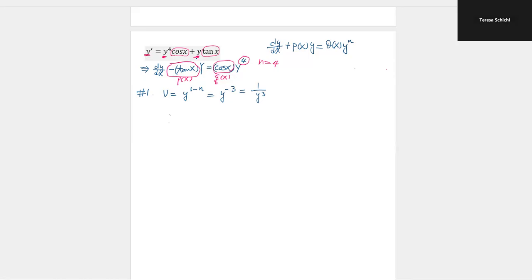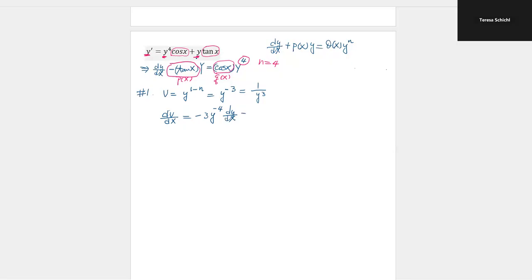Now the second step: we take the derivative of v. So dv/dx is going to be negative 3 y to the negative 4, just the power rule, times dy/dx.